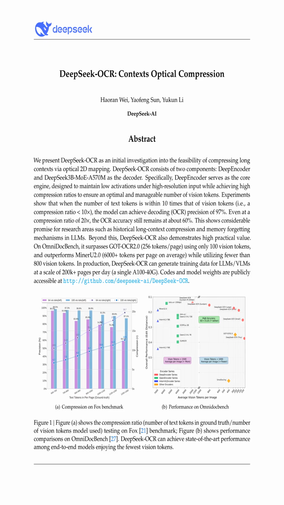Vision tokens greater than 1,500 average per image, more. Encoder series: DeepEncoder series, Qwen encoder series, InternVL encoder series, other encoders. Vision tokens less than 1,000, fewer average vision tokens per image, high accuracy, ED less than 0.25, better. B. Performance on OmniDocBench. Figure 1.